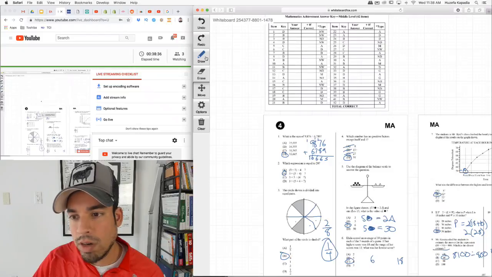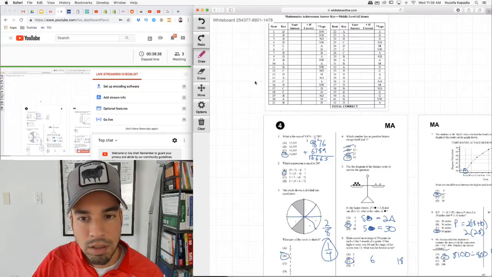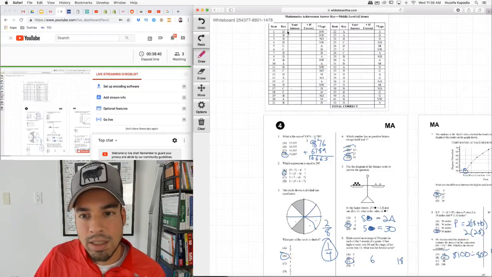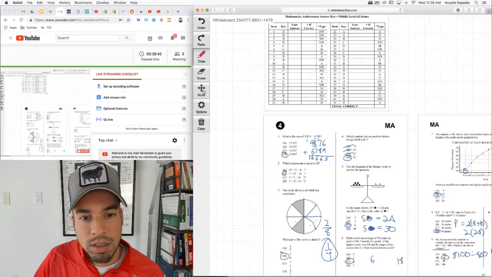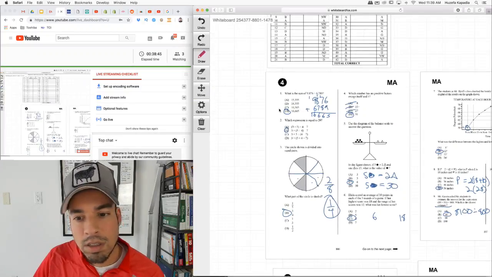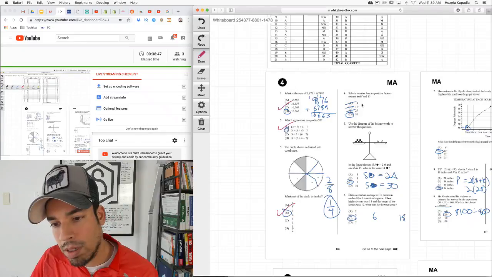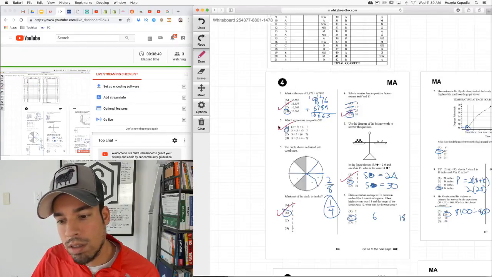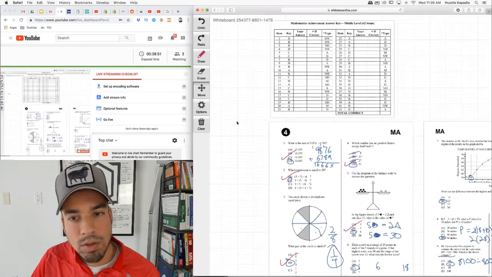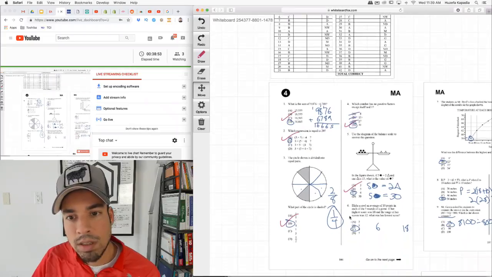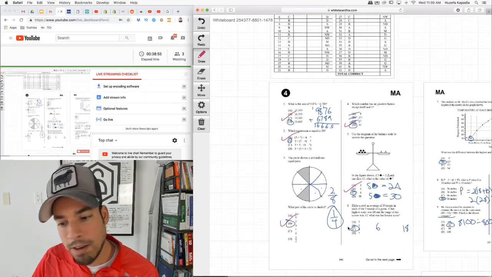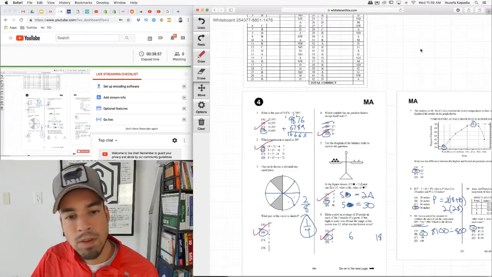All right, let's get the red correcting pen of justice. Okay, so it looks like D, B, B, D, C. I think that was right? D, C. And then the last one's C as well. Cool.